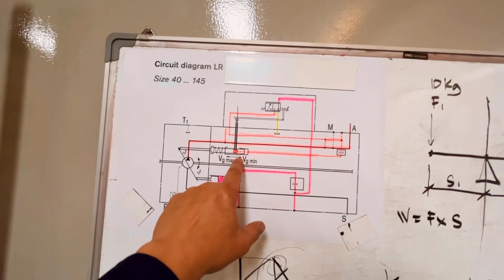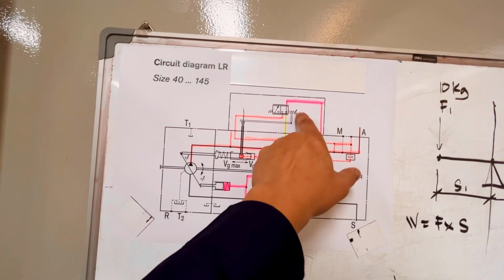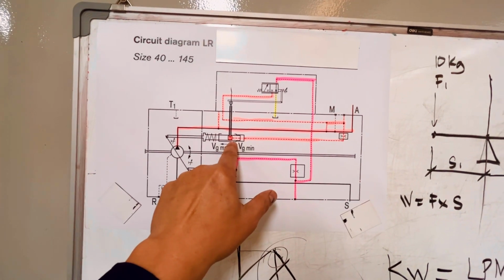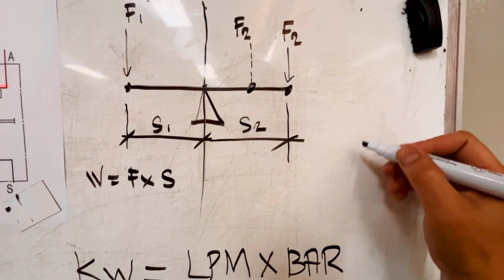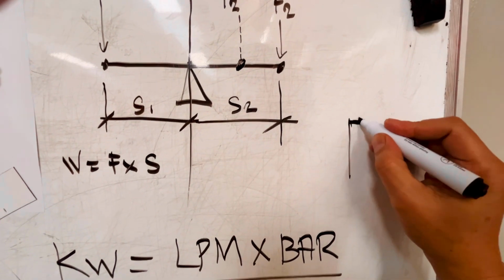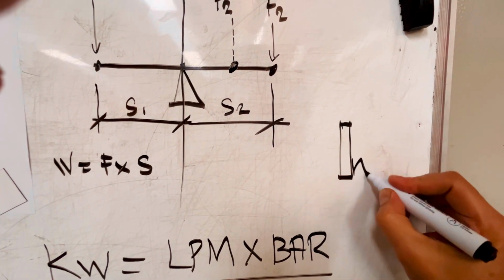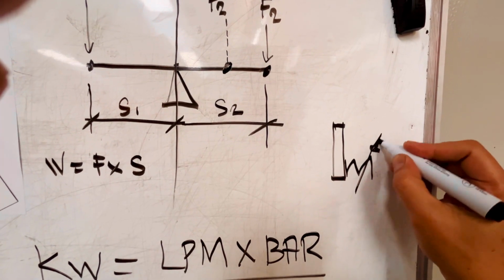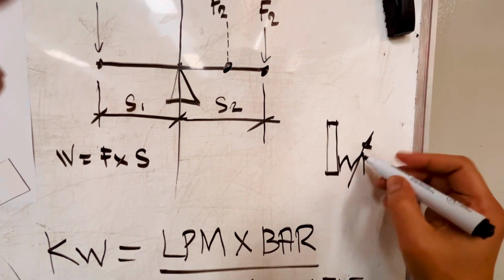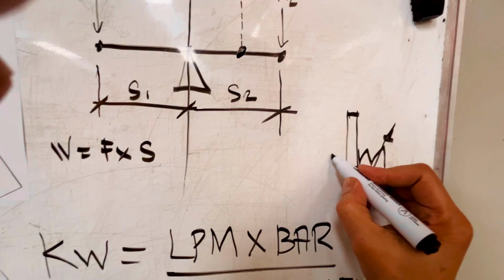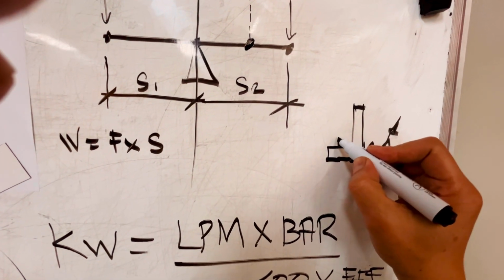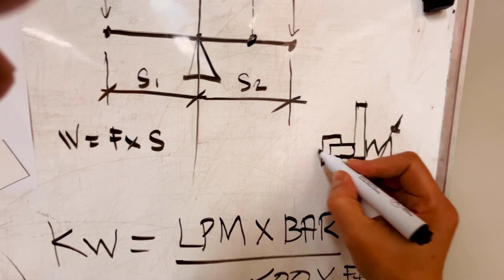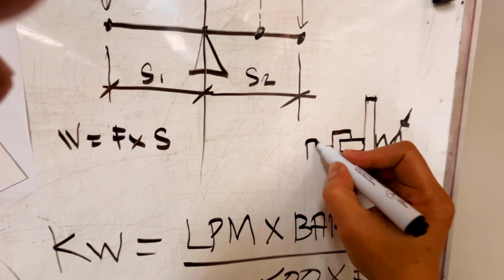Now because it balanced the spring and the pressure, what happened is like that. Imagine this is the lever. You have your spring here, this is set to your power curve, and then you have your force here. This is the same on pressure.